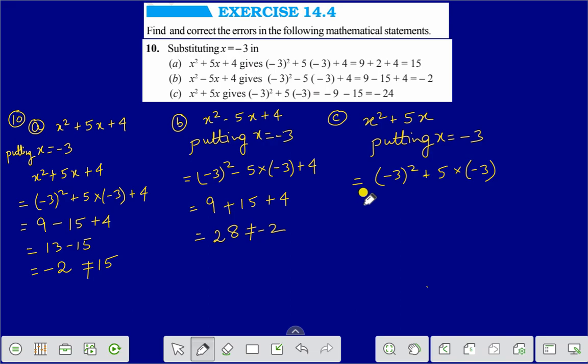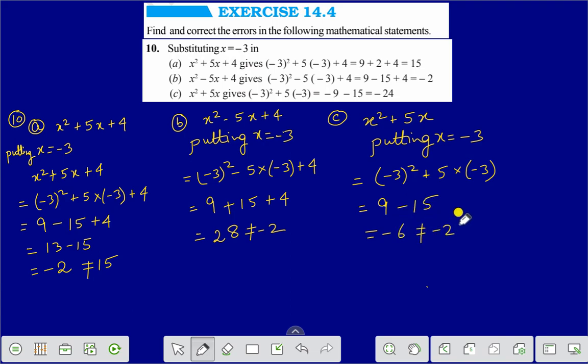We are getting minus into minus plus, 3 3s are 9, minus 5 3s are 15. 9 minus 15, that is minus 6, which is not equal to minus 24.